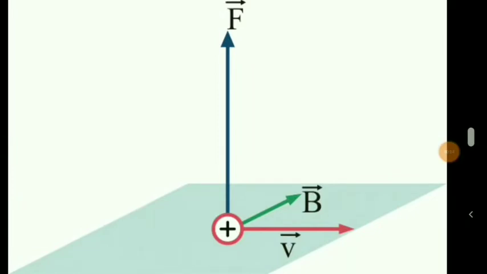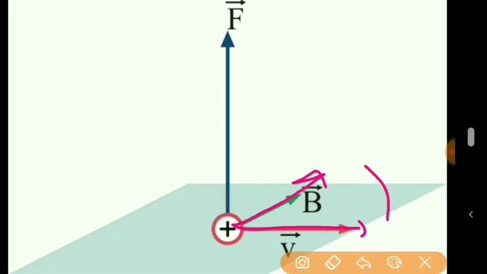Here in this image you can see a velocity vector and a magnetic field vector, and if you curve your fingers towards the B side of your right hand, then the direction of the force will be along the thumb.